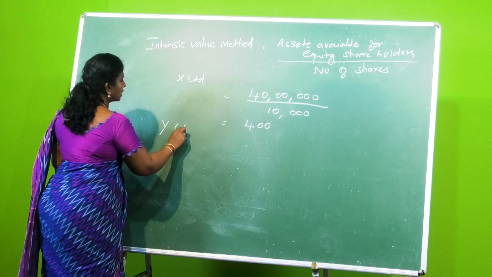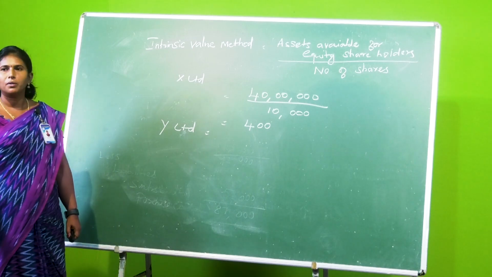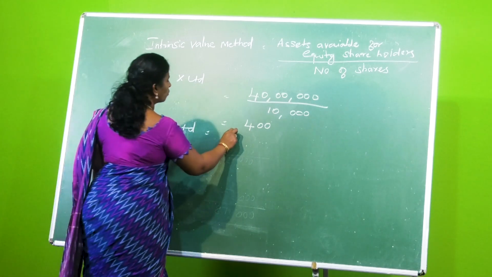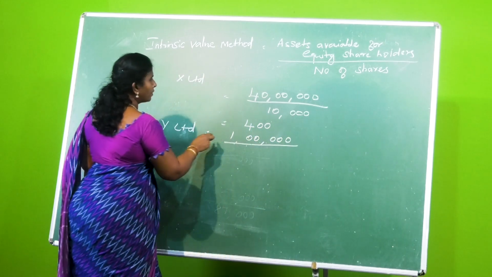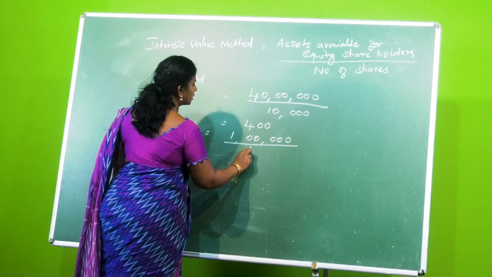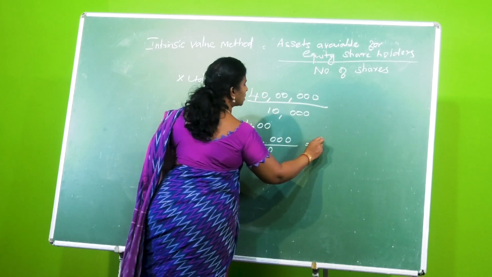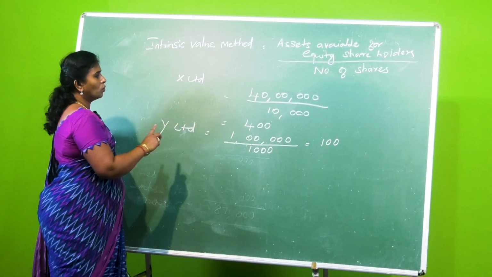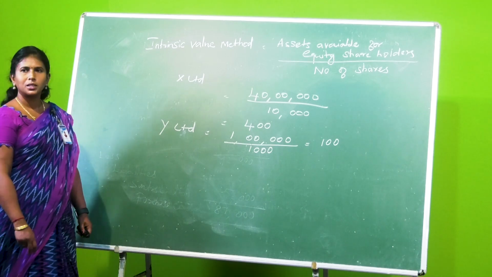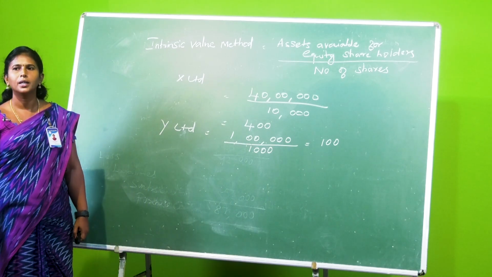And then Y Limited: the assets available for equity shareholders are 1 lakh. The number of shares in Y Limited is 1,000. So the face value of Y Limited is 100. The face value of X Limited is 400 and the face value of Y Limited is 100.